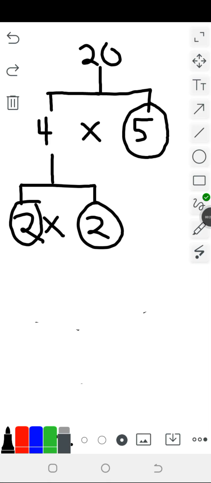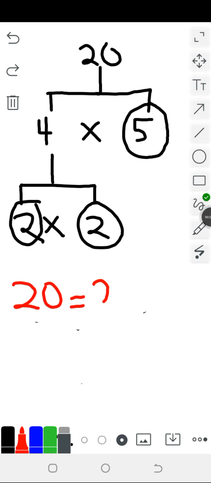So our 20, broken down into prime factors in increasing order, is 2 times 2 times 5, which is the same as what we got using the long division method.